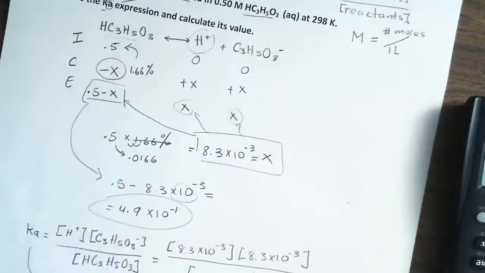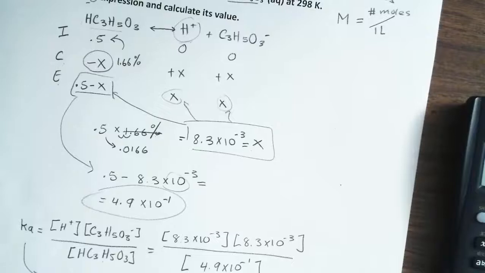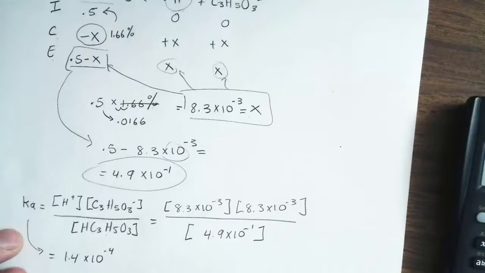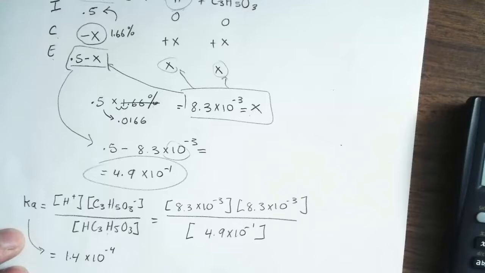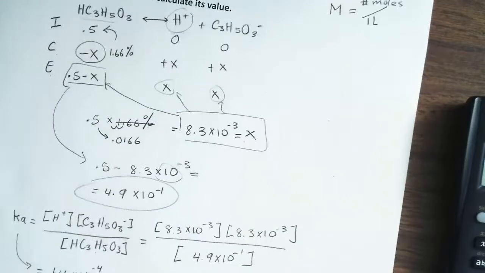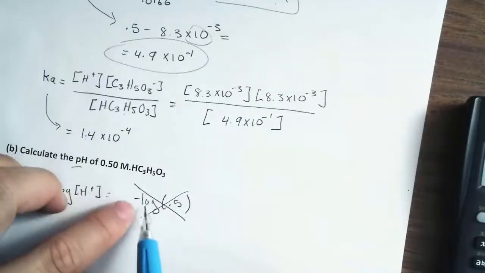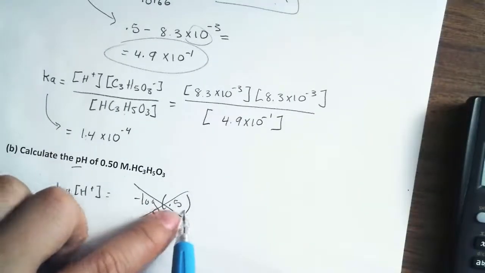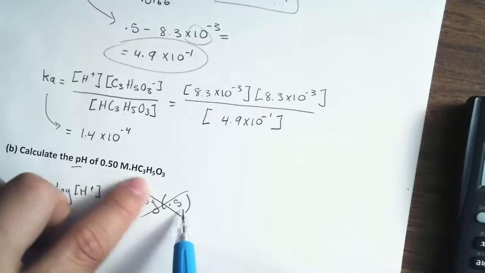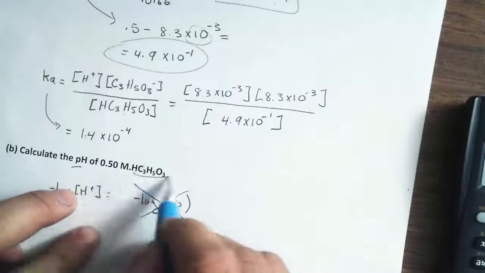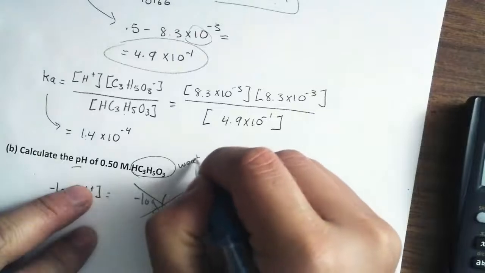Well, in this case, it is represented in terms of x. So in order to solve for the pH, we cannot just take the negative log of 0.5 molar directly, like this. This doesn't work because it doesn't dissociate completely. This is a weak acid.